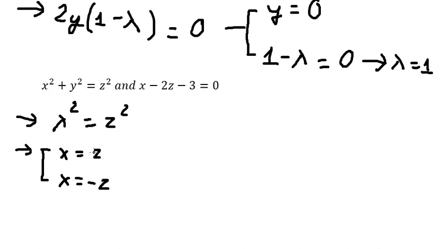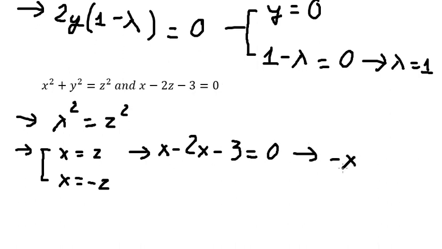So after we got this one, we can put this one on here. So when x equal to z, we have x minus 2x minus number 3 equals number 0. So this one we have negative x. This one we put on the right. So this one we have x equals negative number 3.